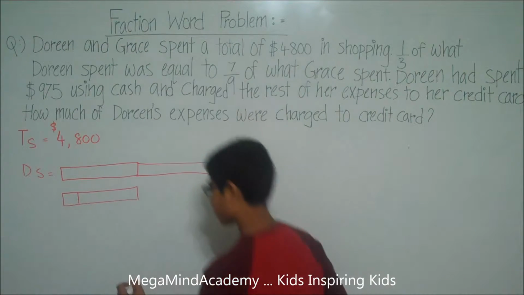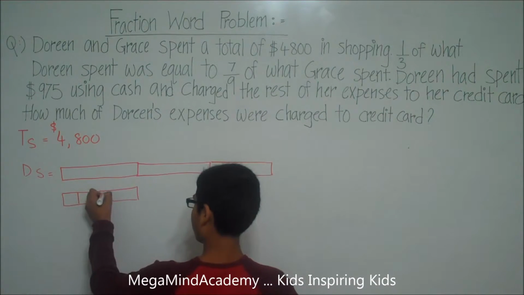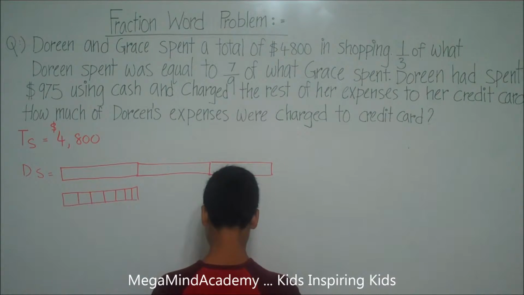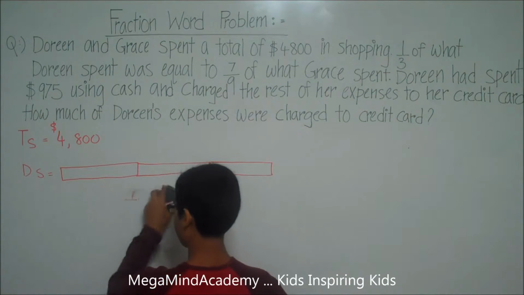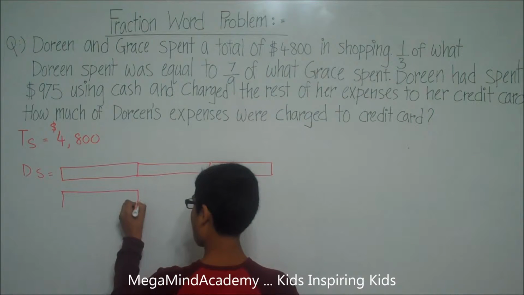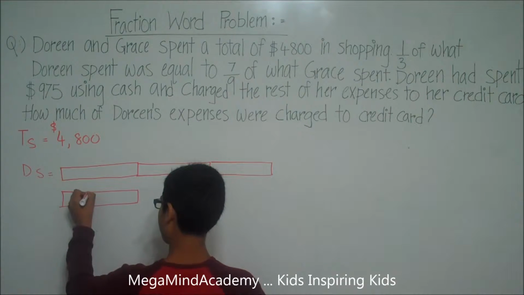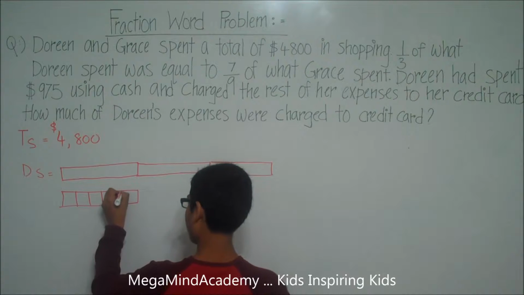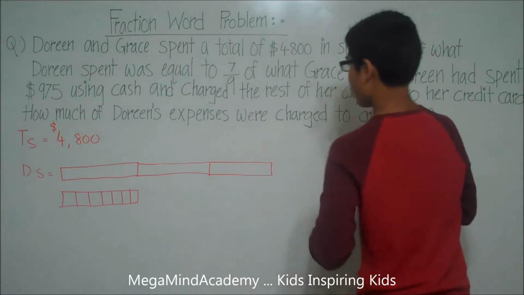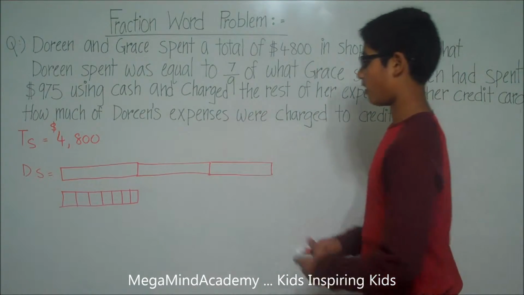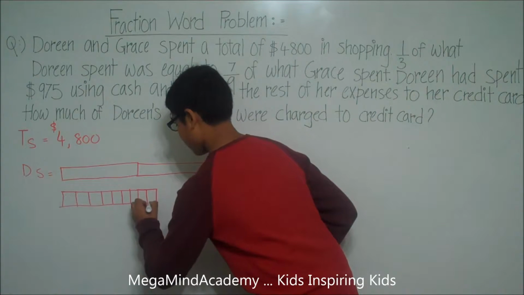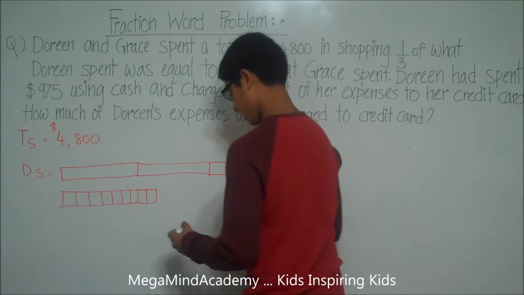1, 2, 3, 4, 5, 6, and 7. Let's draw this properly. 1, 2, 3, 4, 5, 6, and 7. But we also know that she spent 9 units of money. So she spent 2 more blocks than the 1 unit that Doreen spent.